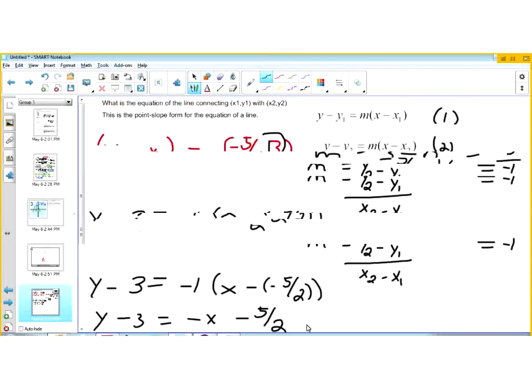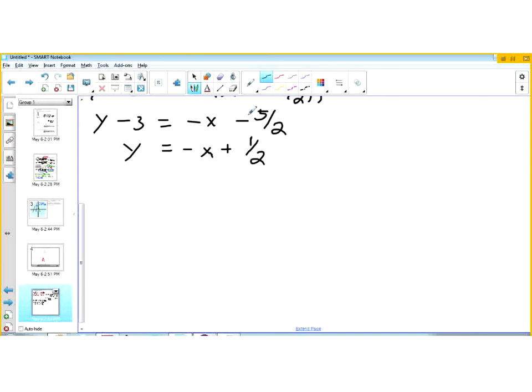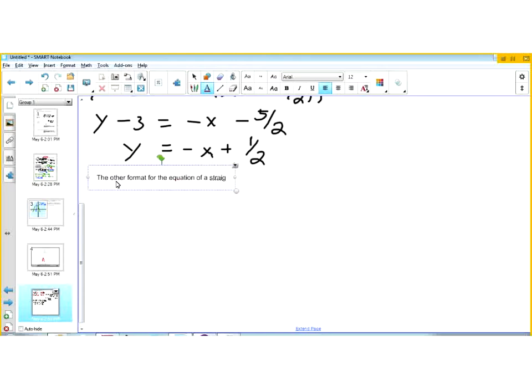The other format that we're going to be dealing with is the slope intercept form. So let's talk about that. In slope intercept form, all right, so the other format for the equation of a straight line is the slope intercept form.